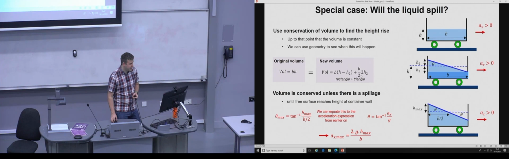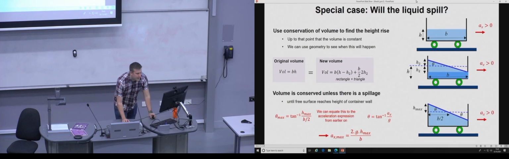B times H minus H2. Yeah, so we don't know. So the question is, what does 2 times H2? It's B over 2 times 2H2. Simplified to BH2. Sorry, say that again. I couldn't hear you. There's B over 2 here. Yep. There's 2H2 multiplied with that. After the 2's cancel out.